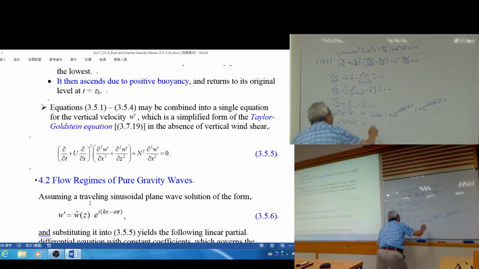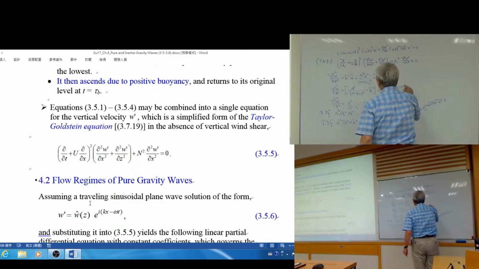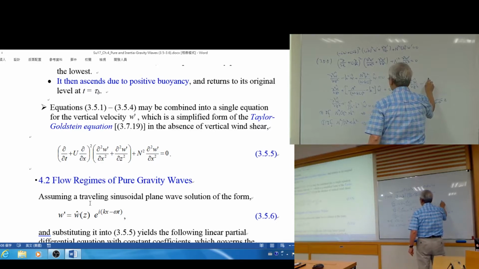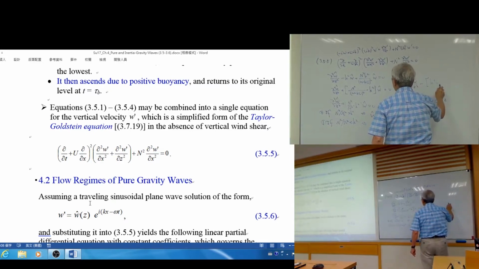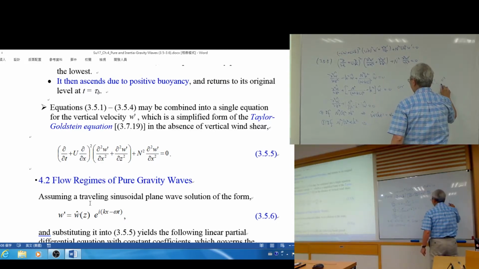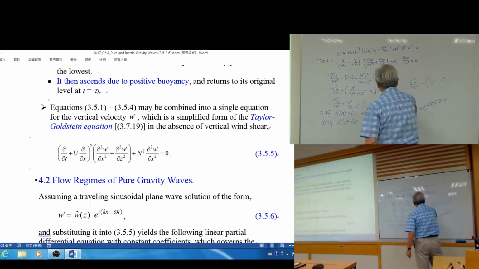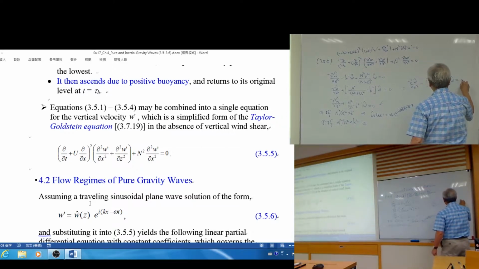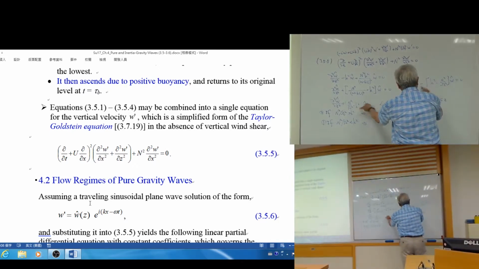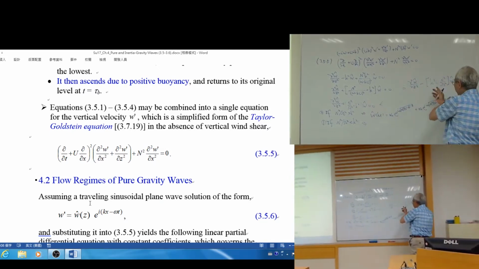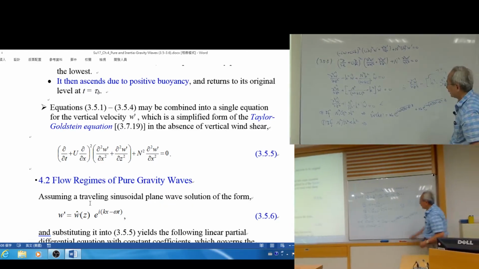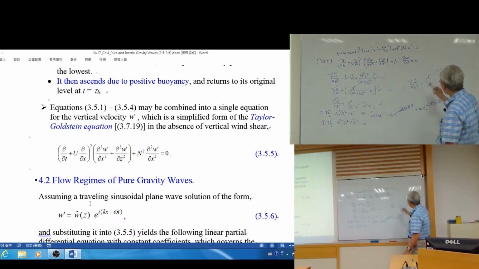Our equation can be written as d squared w hat over dz squared minus (k squared minus N squared over Omega squared) w hat equals 0. It's the same thing. I just reversed it because then this will give us a positive value.